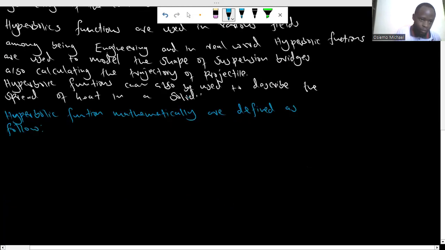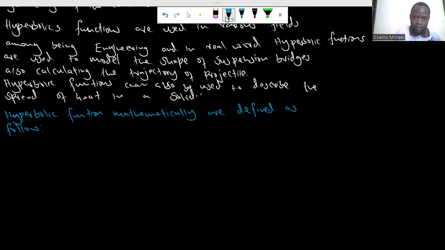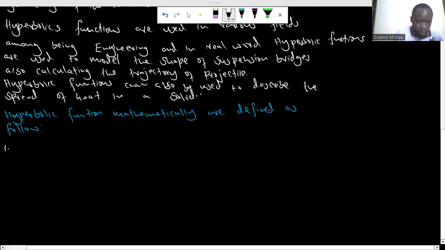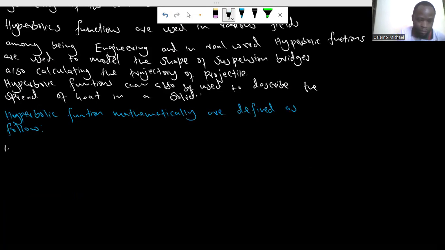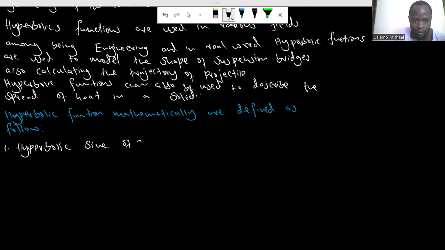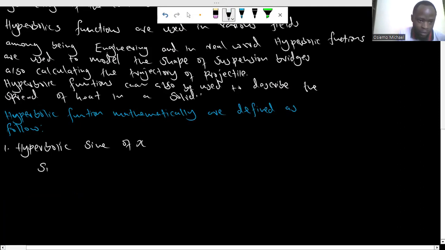Number one, we have hyperbolic sine of x, written as sinh of x, which is equal to exponential x minus exponential negative x, all over 2.